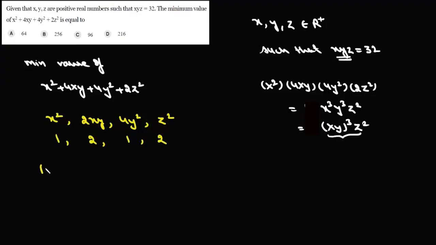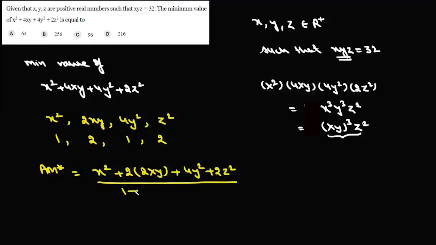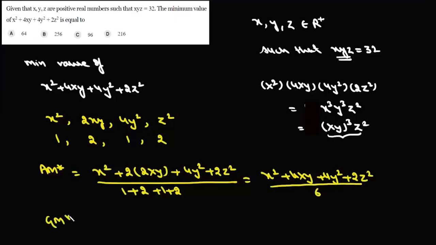Now if you want to write their weighted arithmetic mean, it will be x square plus 2 into 2xy plus 4y square plus 2z square upon 1 plus 2 plus 1 plus 2. So their weighted AM will be x square plus 4xy plus 4y square plus 2z square whole divided by 6.